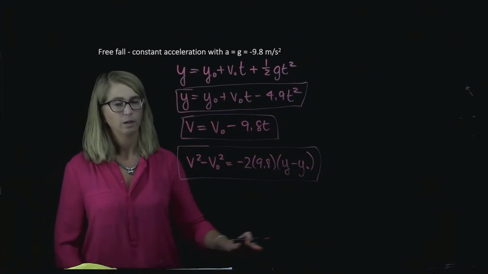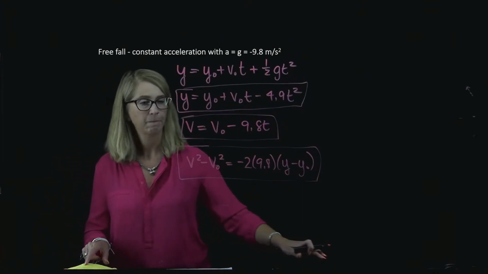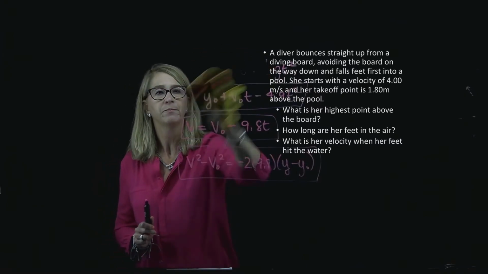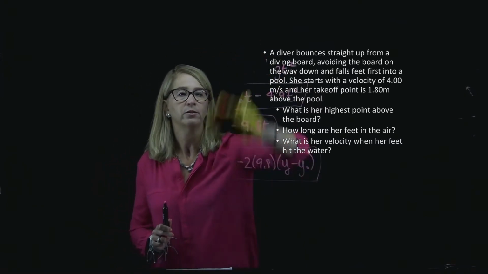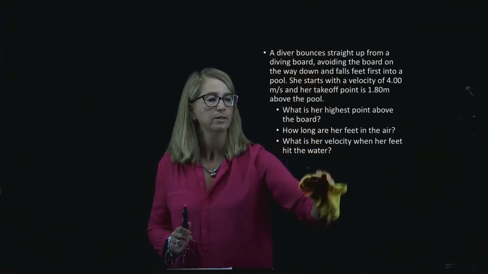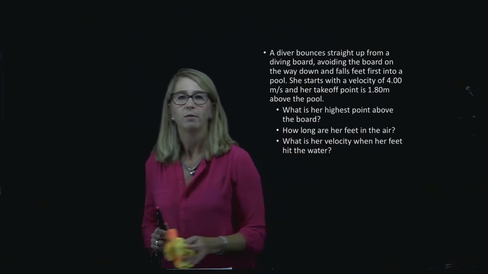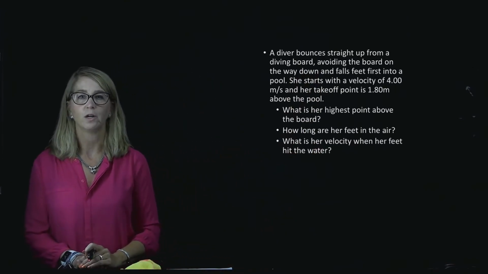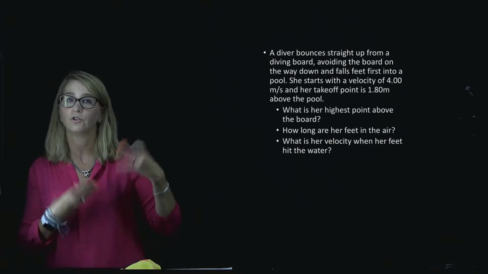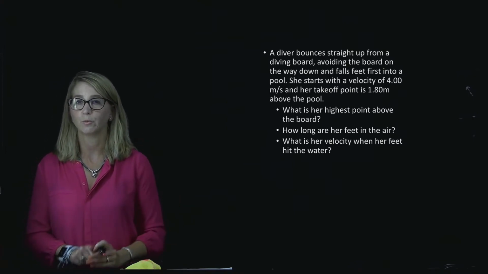And so I'm going to look at an example and just kind of get these out of the way so we can sort of look at how we might solve a problem like this. In this problem, we have a diver on a diving board, and they're going to bounce on the board, jump up, and then go into the pool.